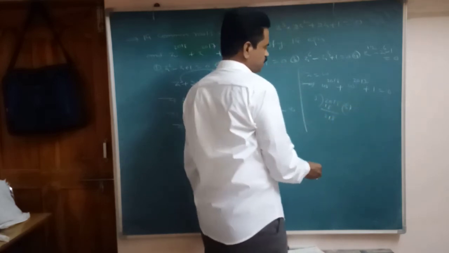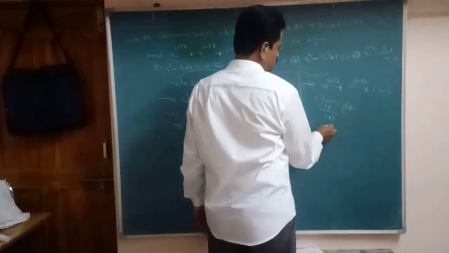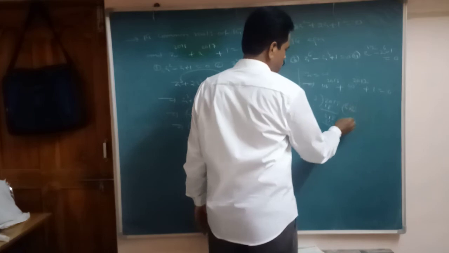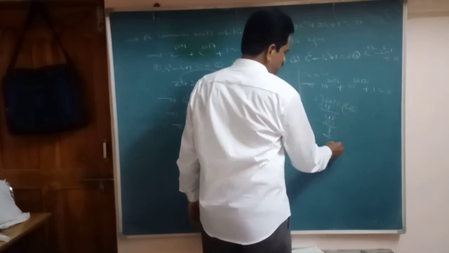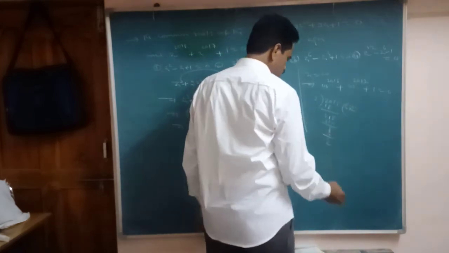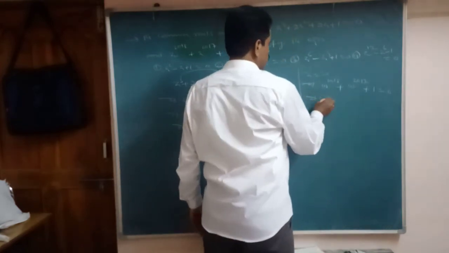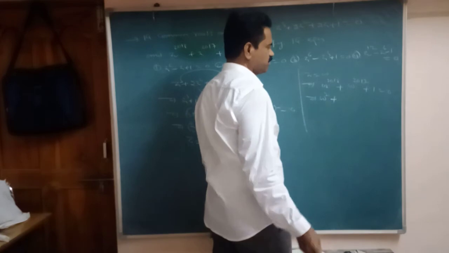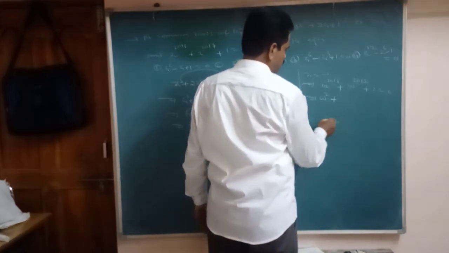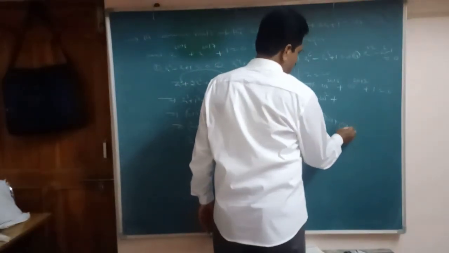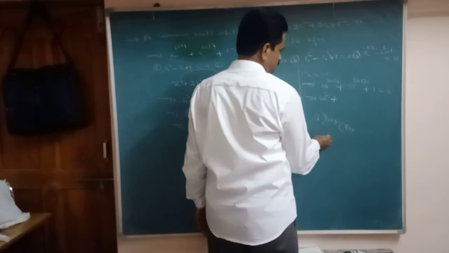So 6 times 3, 2018, it is 2 remainder. So omega square. That implies omega square. And 2017, it is 17, so how many times 3? 7, 70, 700 times it is.